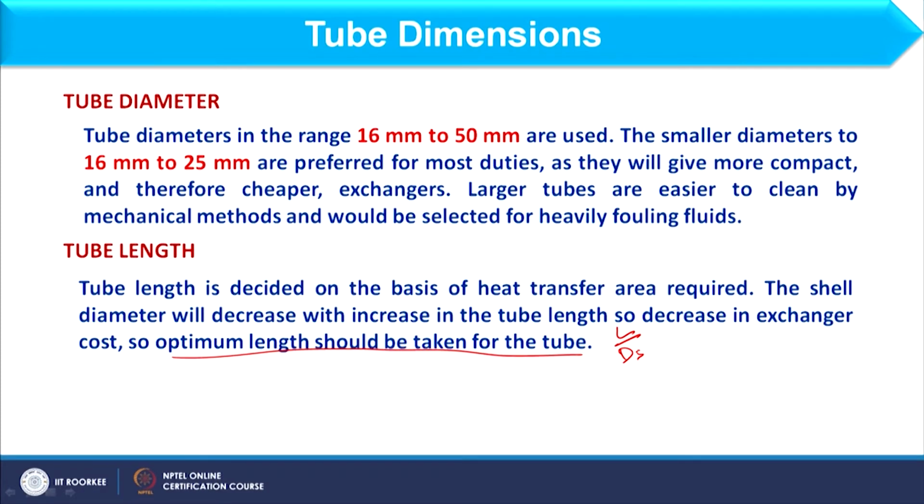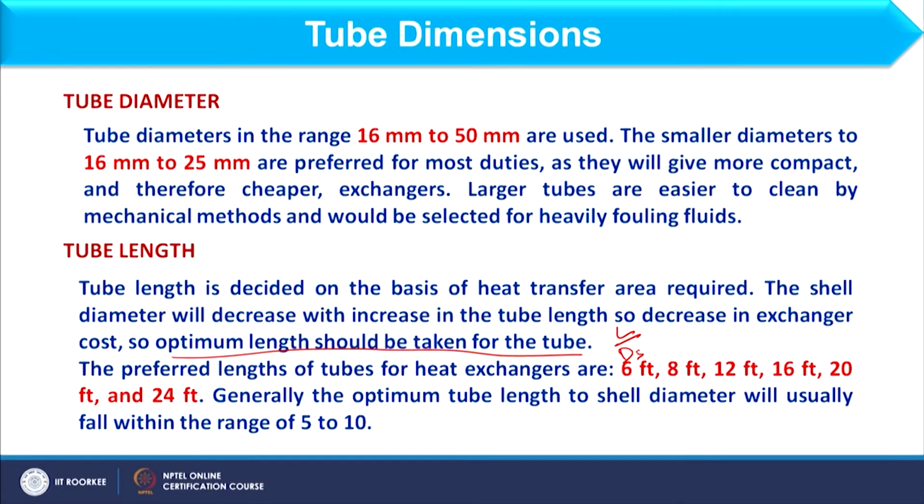Now, first we should focus on how to choose the correct length. Okay. So, there are standards also, because when you have the standard, it means you have to decide the length and diameter from that standard only. You cannot choose any random value between this.